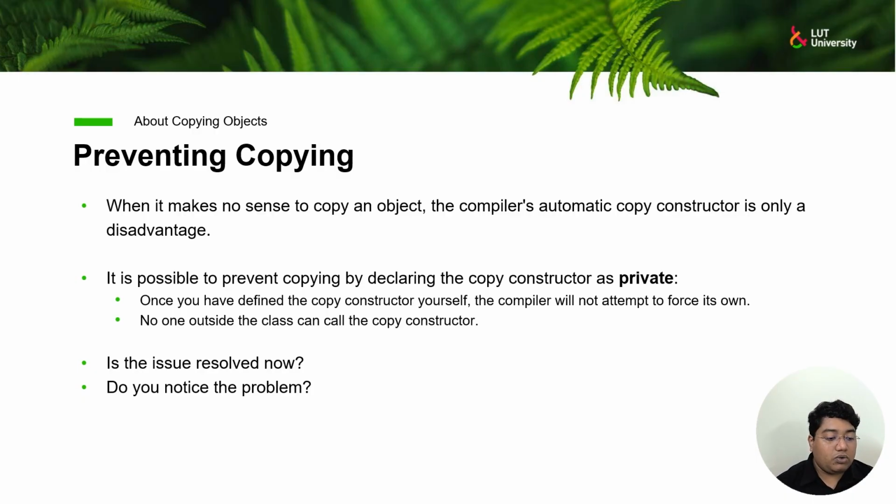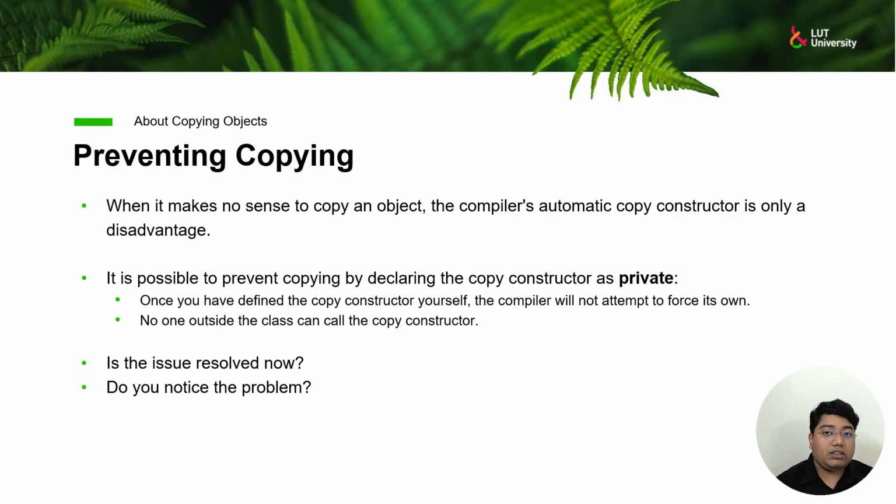That stopped code outside of the class from copying the object. But look at the last question on the slide. Is the issue resolved now? Not really. It's more of a workaround than a clean solution. There are still situations where the class itself or its friends could accidentally perform the copy.